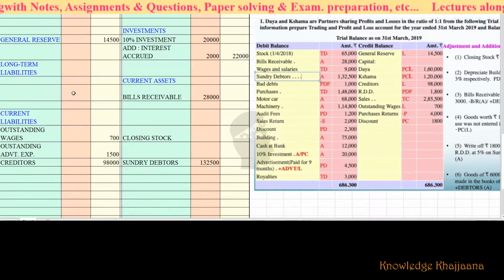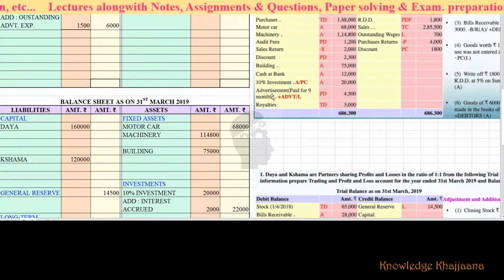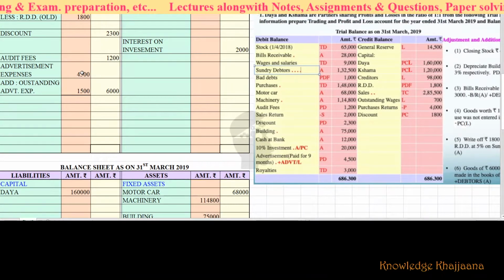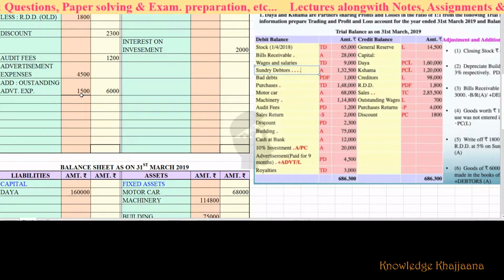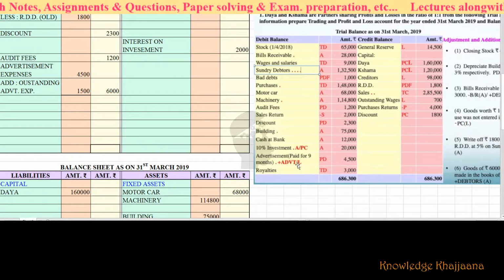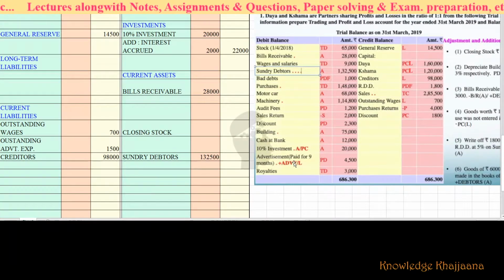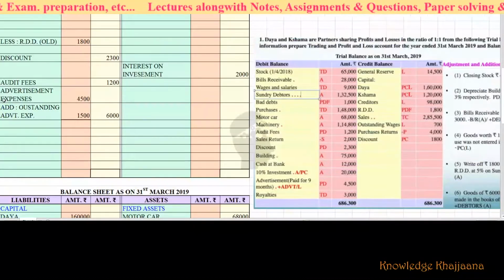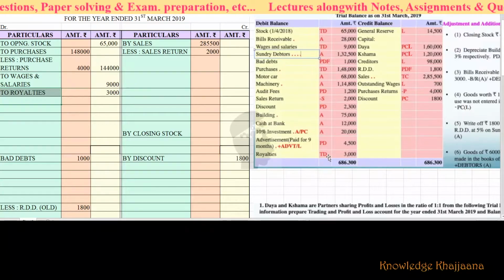Here accrued interest will come to the interest on investment, rupees 2,000. Then advertisement expenses paid for 9 months, rupees 4,500. Then outstanding advertisement expenses for 3 months, rupees 1,500, which is the liability, we have written. And royalties rupees 3,000 we have recorded on the trading account debit side.